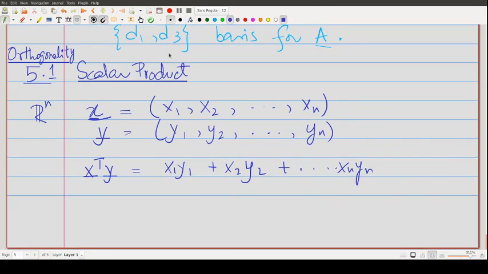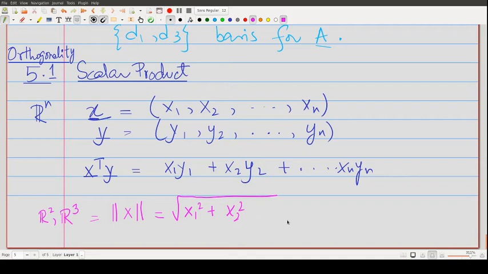And you should already know that in R2 and R3, what you have is the Euclidean distance. So this is the length. If you're trying to find the length of a vector, what you do is x1 squared plus x2 squared. This is the length of this vector in R2 or in R3.